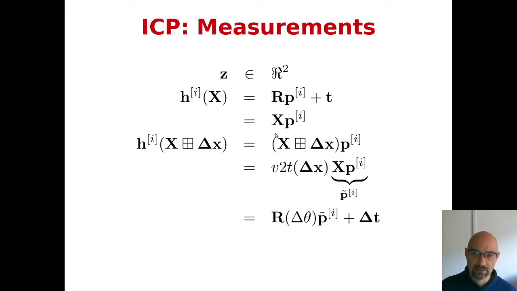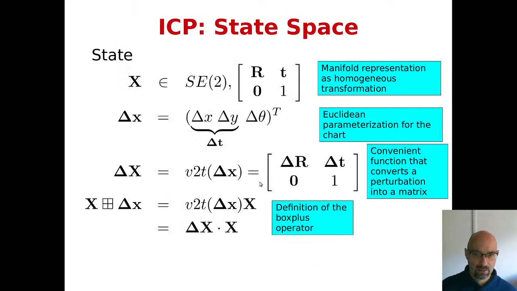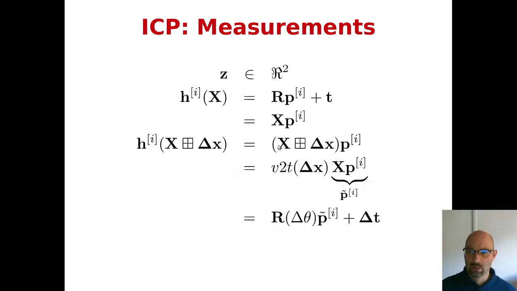So why that? Look at this formula over here, this block and this block. It's like we're just taking this and replacing it, and we have V2T of delta x times X pi.